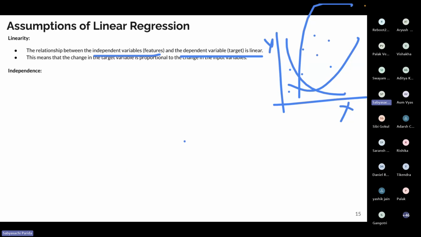No non-linear relationship should be there between y and x. If there is a non-linear relationship, we cannot use linear regression. As x is increasing, y should also increase, not the other way around. It always needs to be a linear graph.